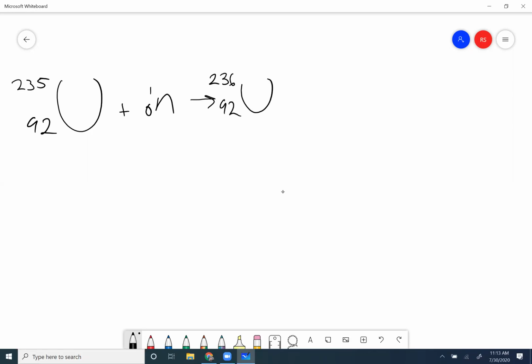And this will become a very unhappy atom. And this, instead of doing alpha, beta, and gamma, that is not enough energy release, it then splits into krypton and barium. And it also produces 3 more neutrons.